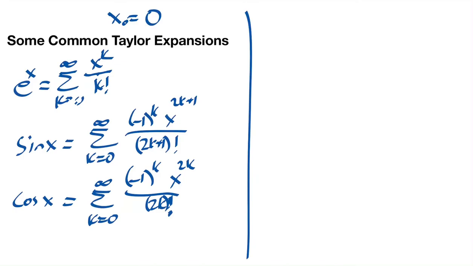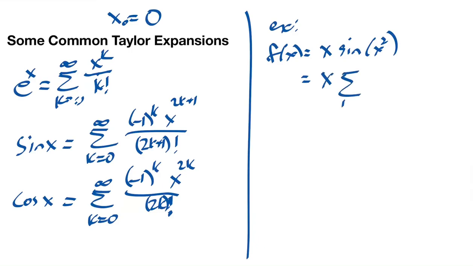There are some nice ways we can use these series, just like we used the geometric series earlier to come up with an expansion. So let's do an example. What if I have f(x) equal to x sine of x squared? It turns out I can put together the sum of this pretty quickly. One way would be to derive it from scratch by taking derivatives, but the easier way is to realize that sine of x is over here.